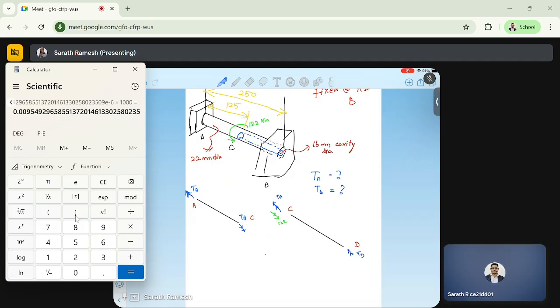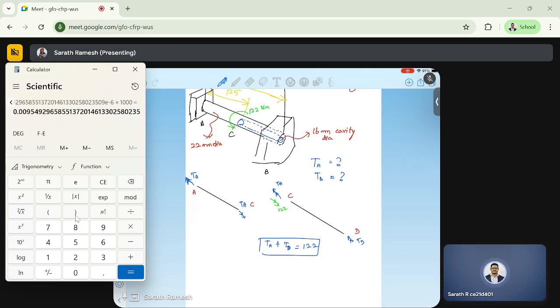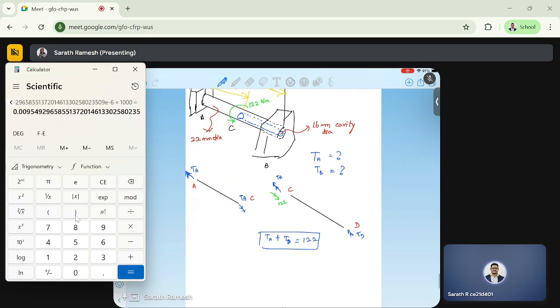That is TA plus TD will be equal to 122, or TA minus 122 will be equal to TD. So TA plus TD is equal to 122. Okay, this is an equation, but we cannot solve using this equilibrium equation alone.